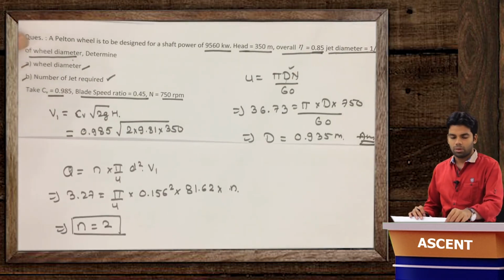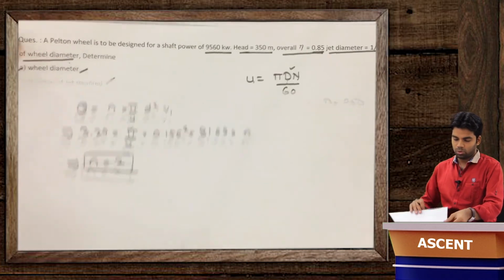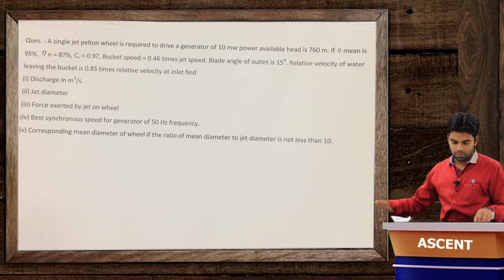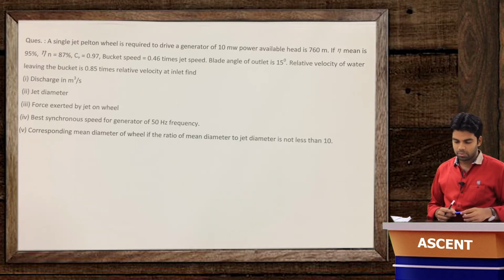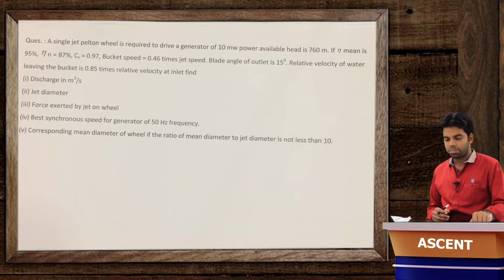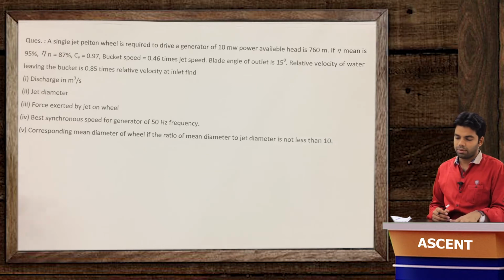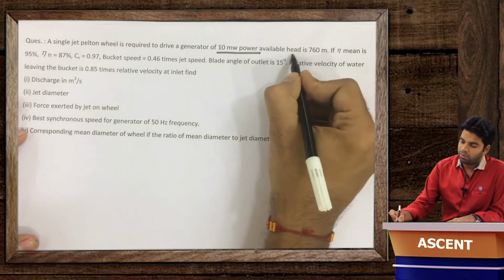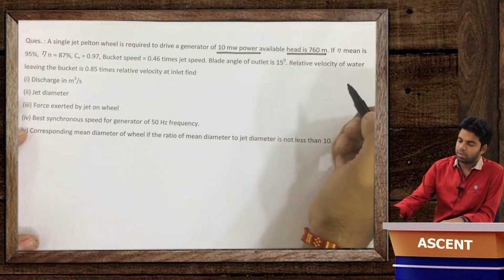Getting this or not? Now next question, one more question we will solve. This question says a single jet Pelton wheel is required to drive a generator of 10 megawatt power. Available head is 760 meter.